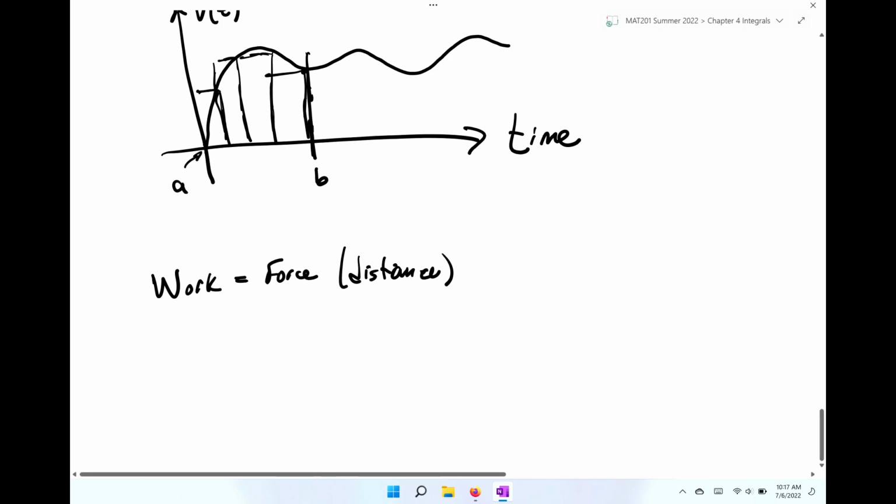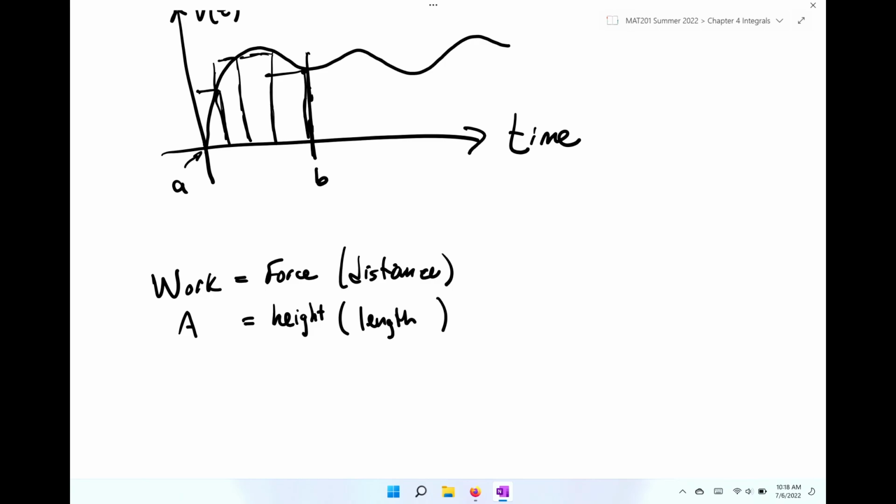But if you take a step back and you look at this, this is nothing more than area equals the height, in other words, how much force, times the length, or as you applied that force, how far did this object move? So area equals height times length again, which we can think of as work equals force times distance. So you can find all this stuff just by finding the area underneath the curve.